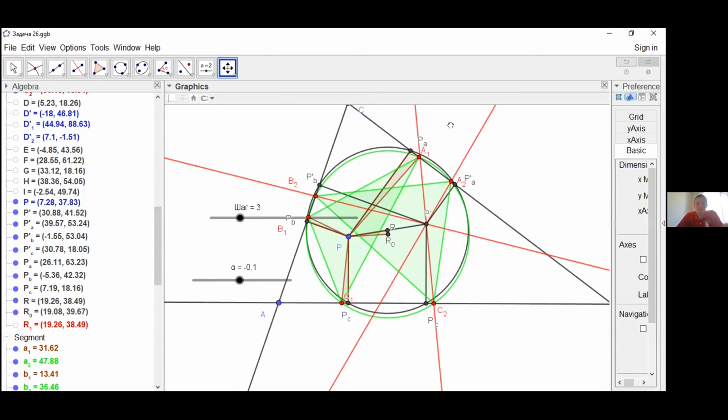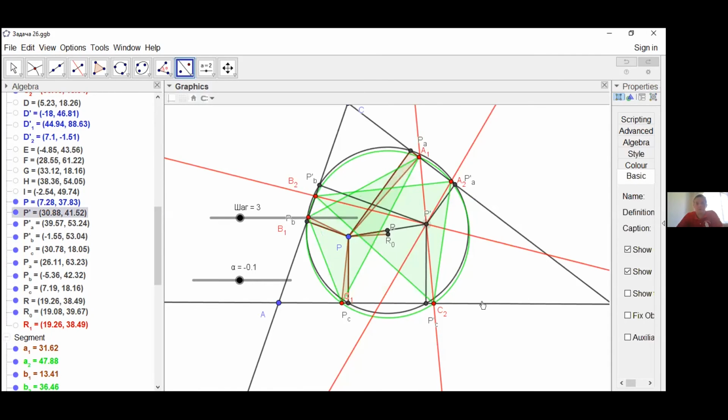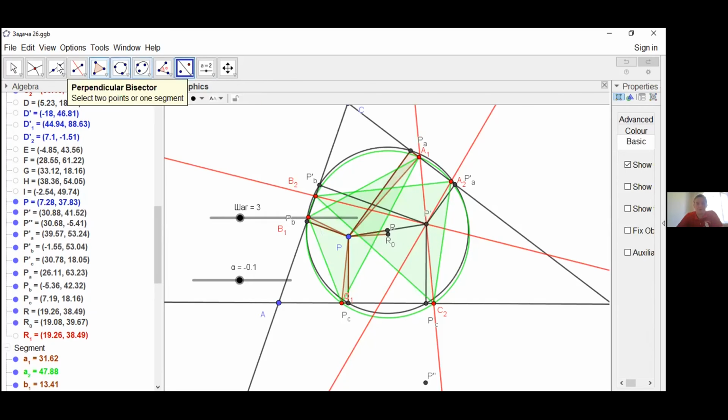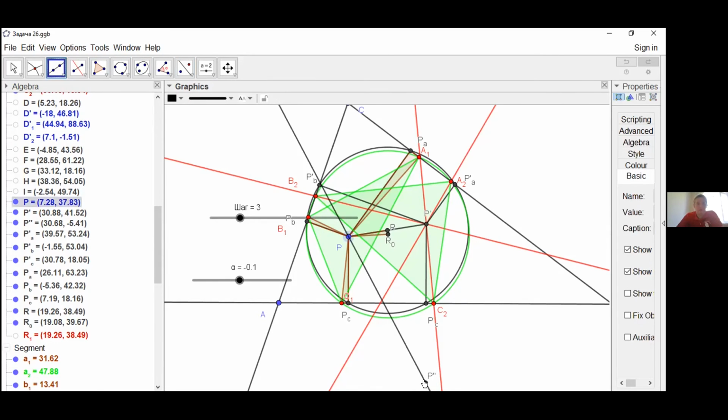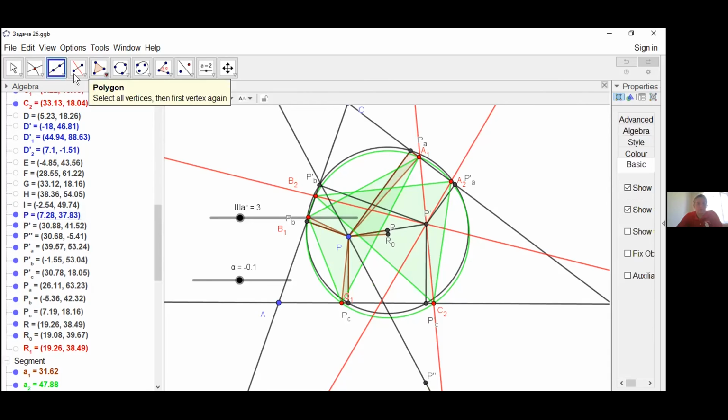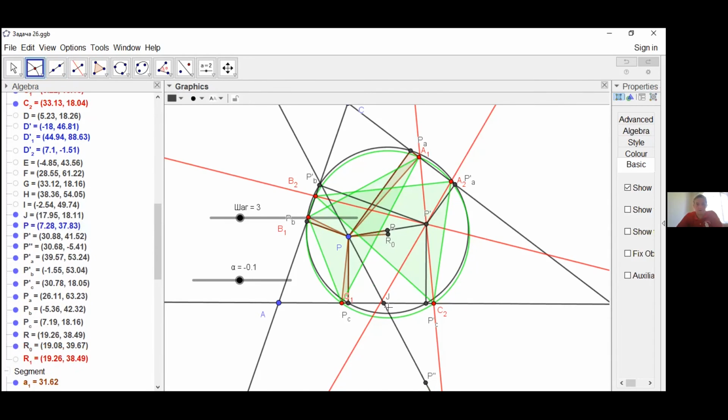We can construct the conic with foci P and P prime inscribed in our triangle. I'm trying to do that. And constructing the point of tangency.